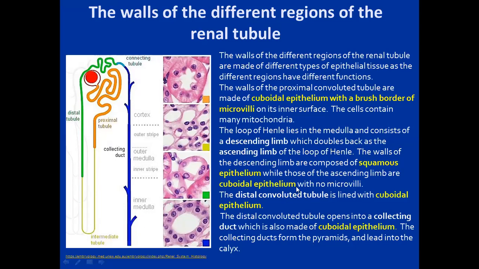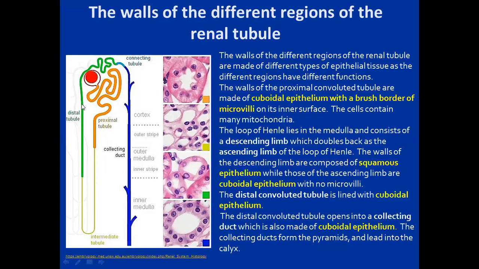So I'm going to go through that again. That's all that this says here. It says cuboidal epithelium with microvilli. If you're looking on the drawing on the left side, cuboidal epithelium with microvilli and many mitochondria in the cells. That's going to be important. Squamous epithelium, squamous, cuboidal.